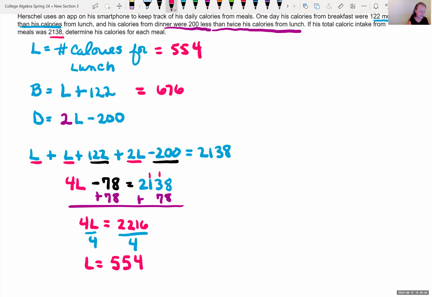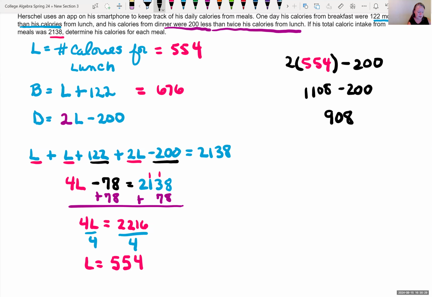And then for dinner, it's twice, so 2 times the amount, 554, minus 200. So that's 1,108 minus 200, which would give me 908 calories.